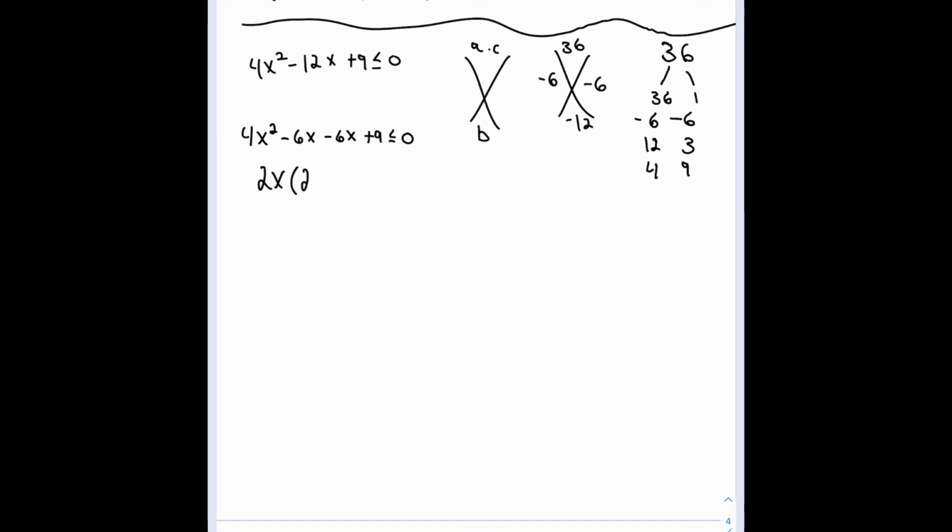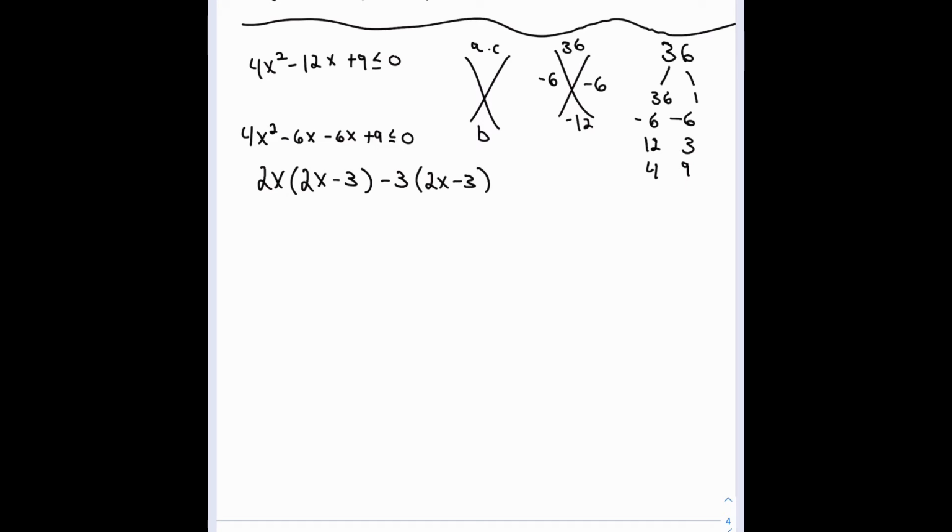Then we're left with 2x minus 3. And as we look at this second set here, our common factor can be negative 3. So negative 3, then inside we'll have 2x, and then, since the sign changed, minus 3.